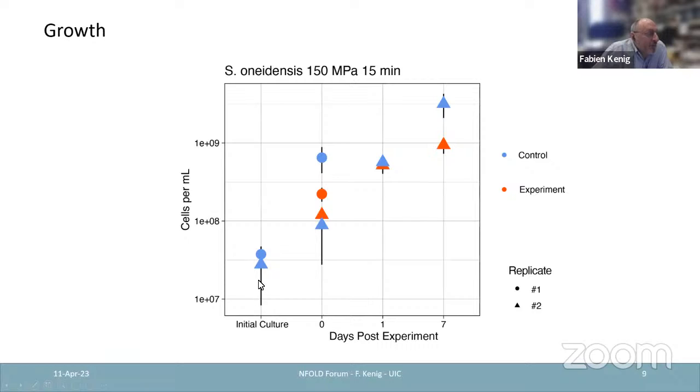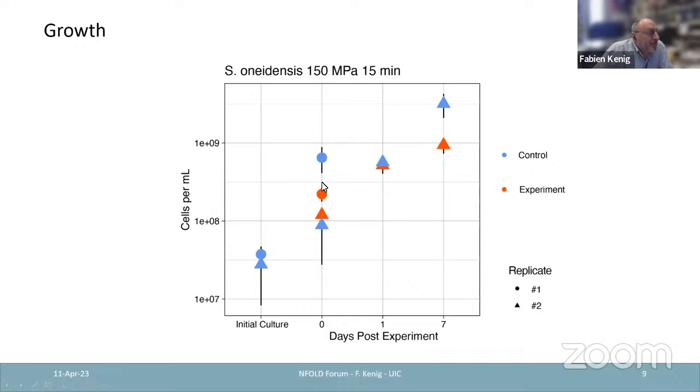Are we dealing with growing organisms? This is a count in the initial culture, and this represents the cell count right after the experiment, and the cell counts in days post-experiment, so 1 day and here 7 days. There's really a clear trend showing that effectively there was growth during experiment, and obviously survival after the experiment.